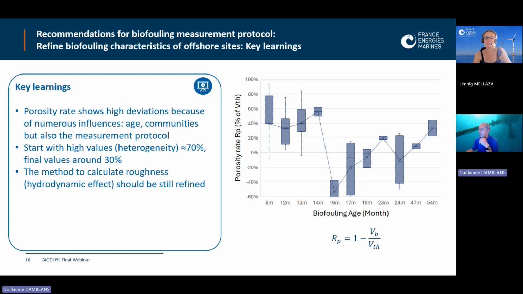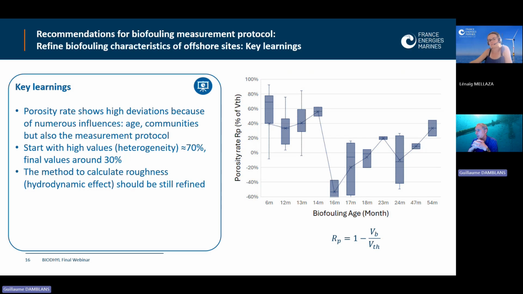We can speak about that in the question session if you want, but the idea is to assess the porosity rate. You can see that the porosity varies a lot. It's not an easy exercise, so we still have to feed the database to see if we can reach some stability.